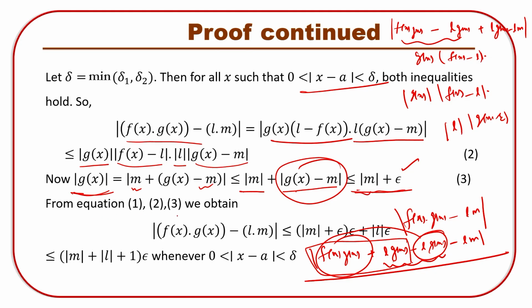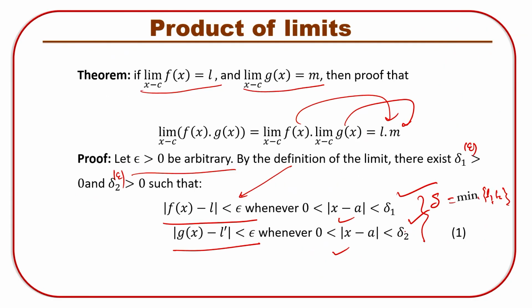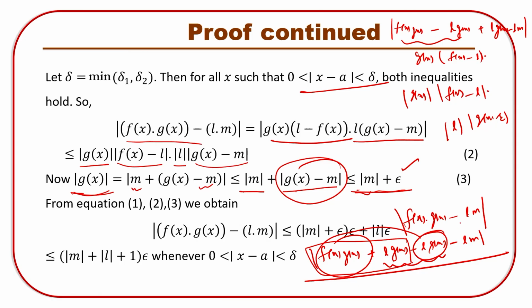From this equation, that means 1, 2, 3, the previous one here, we have |f(x)g(x) − Lm| is less than or equal to (|m| plus epsilon) into epsilon plus |L| into epsilon.